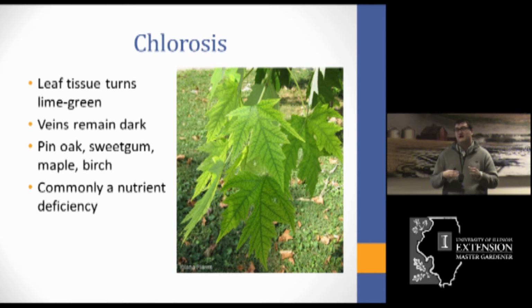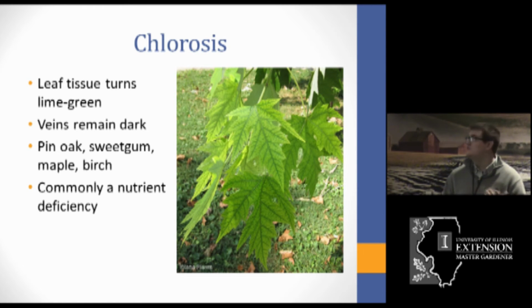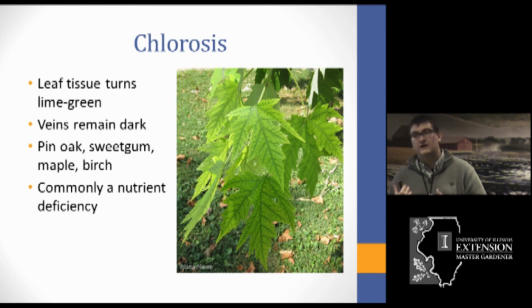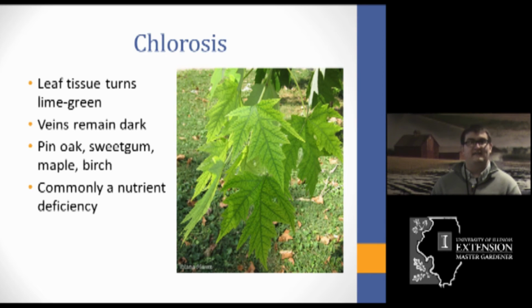This pH imbalance in turn causes a nutrient deficiency, sometimes iron, sometimes other things that can't be absorbed by the plant because of the pH imbalance. This picture is on a maple, but chlorosis is common on pin oaks, sweet gum trees, maples, birches, things like that. The best way to be aware of a pH problem in your soil is to get a soil test, and then they can give you recommendations on how to improve your soil.